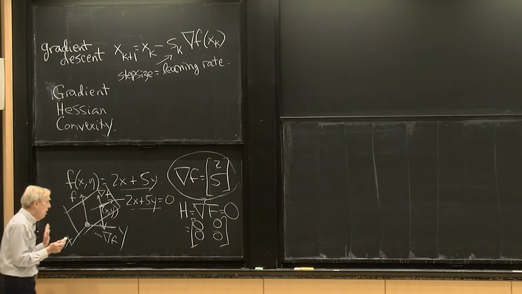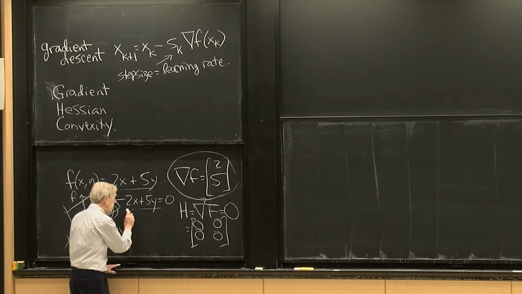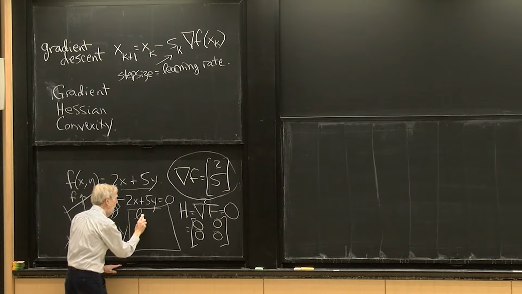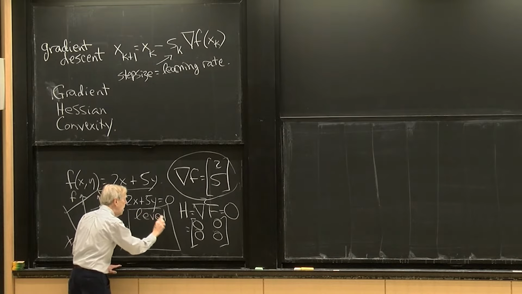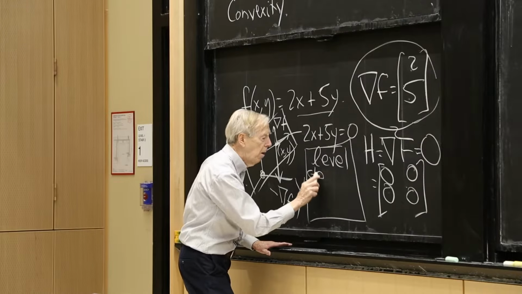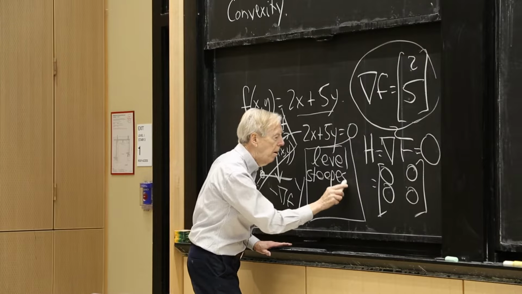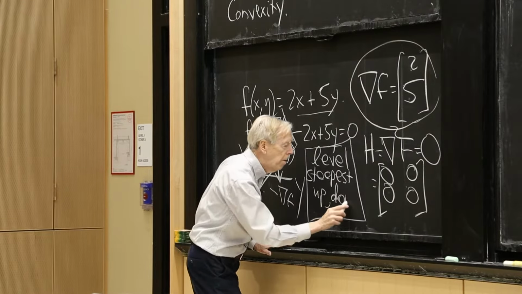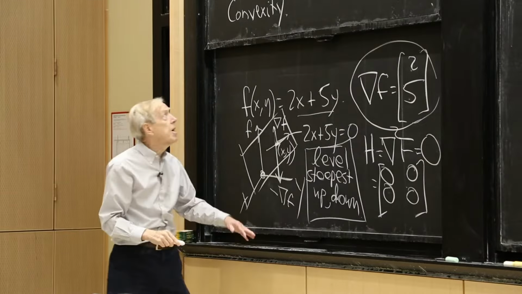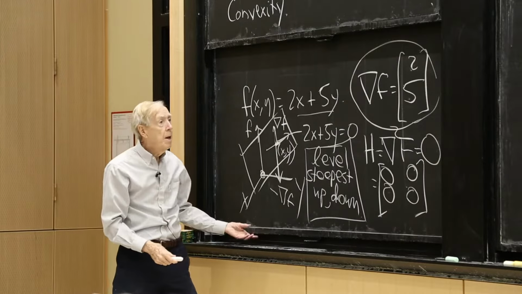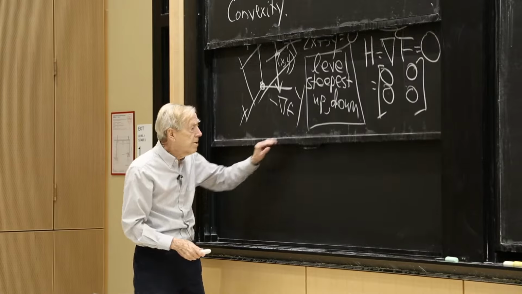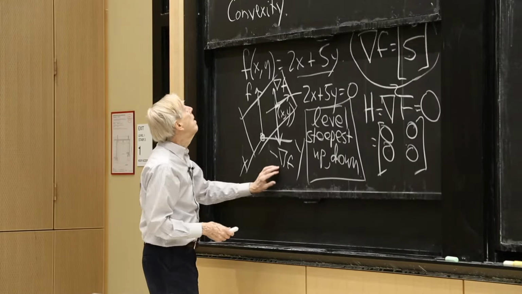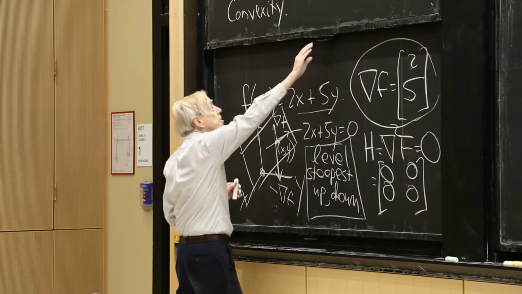All I want to remember is these words: level, and steepest, up or down. Down with the minus sign that we see in steepest descent.